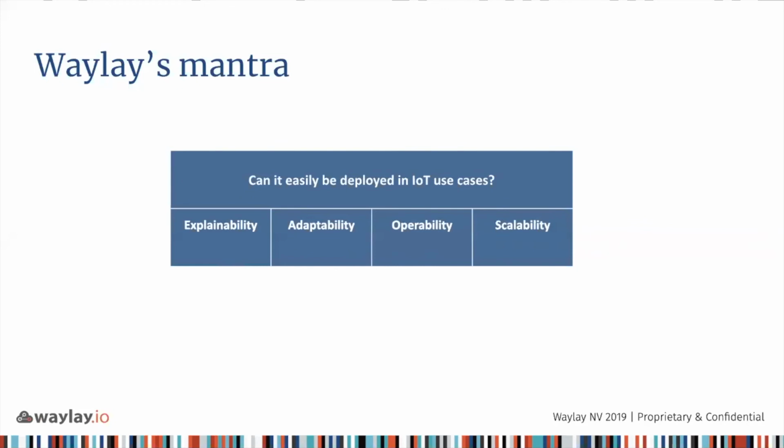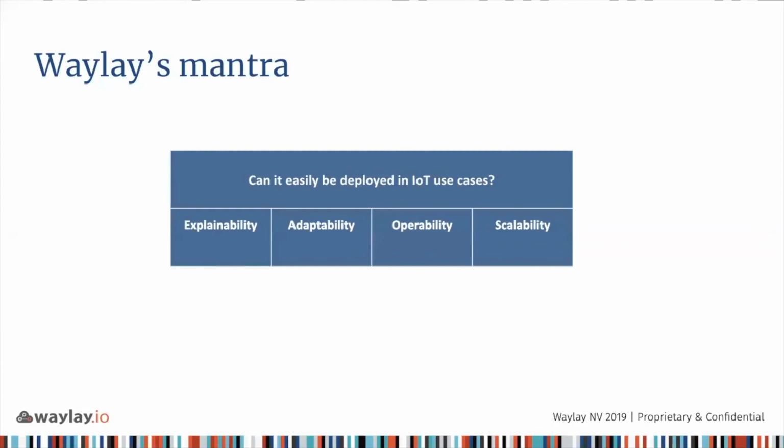So you need to be able to do that very easily, and everything needs to be automated in the sense that if a new device type is added to your platform or your setup, then the rules and the algorithms need to be able to be instantiated for that device immediately. So these are the 4 criteria that we always use in order to evaluate and build our platform, in this case for time series analytics.